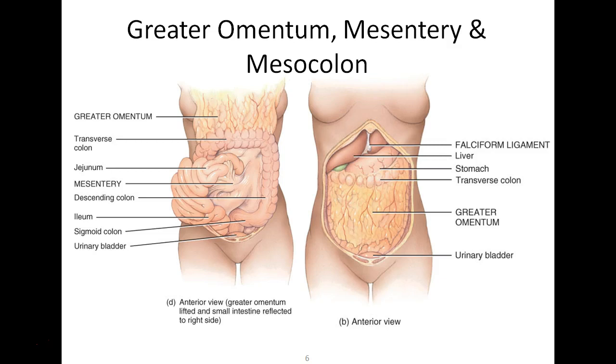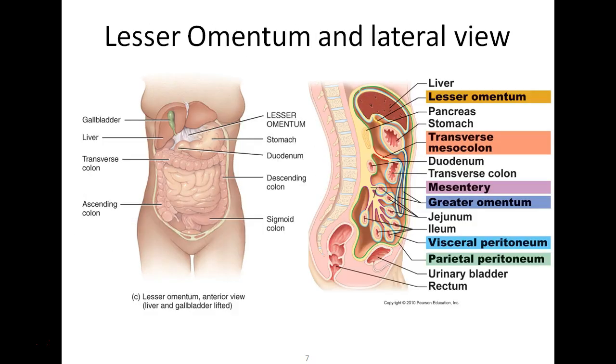The mesentery proper is a fold of peritoneum that suspends most of the small intestines from the internal surface of the posterior abdominal wall. Here on this slide, we have a sagittal view of the human body, perhaps giving us a better view of those omentums and mesocolons.